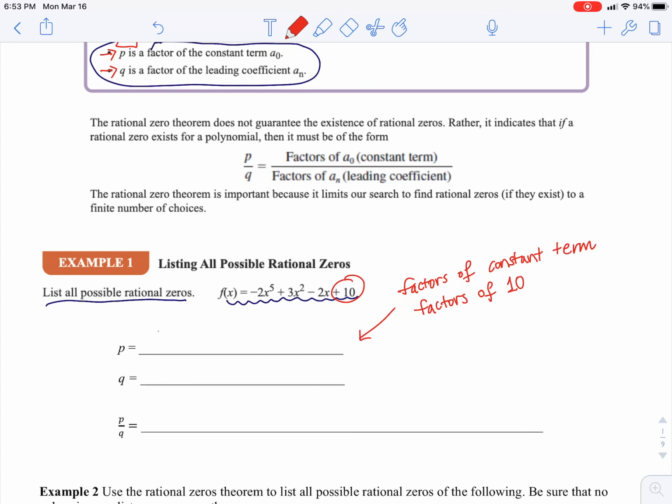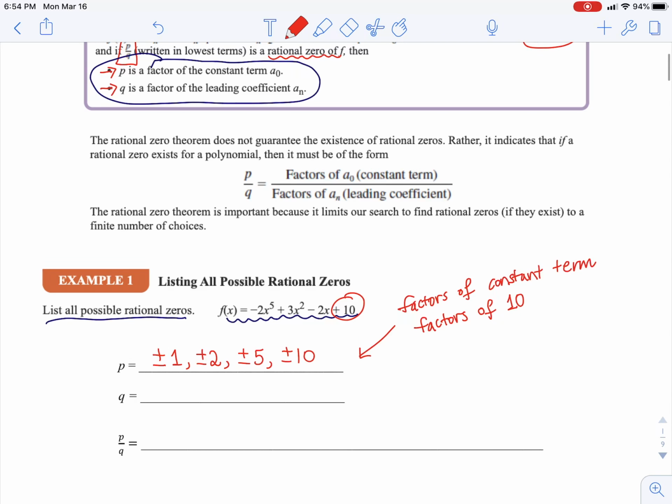It can be plus or minus 1, the smallest, plus or minus 2, because 2 also divides 10, plus or minus 3, no, not 3, not 4, but 5, and lastly, plus or minus 10. So these are the 8 numbers that divide our constant 10.